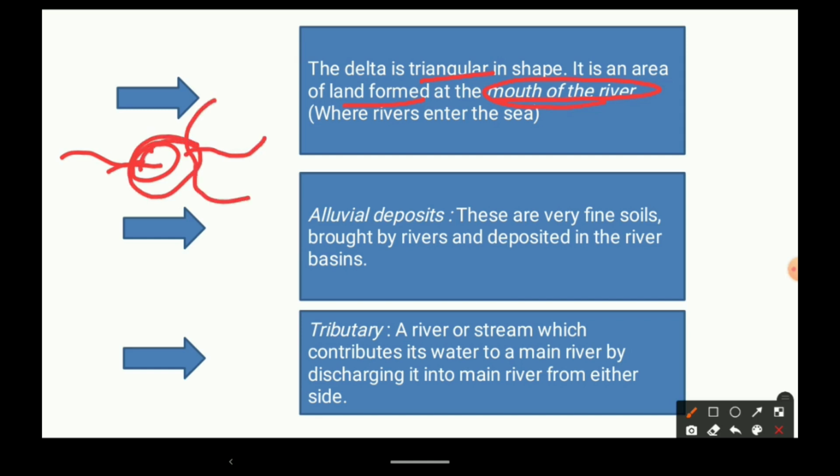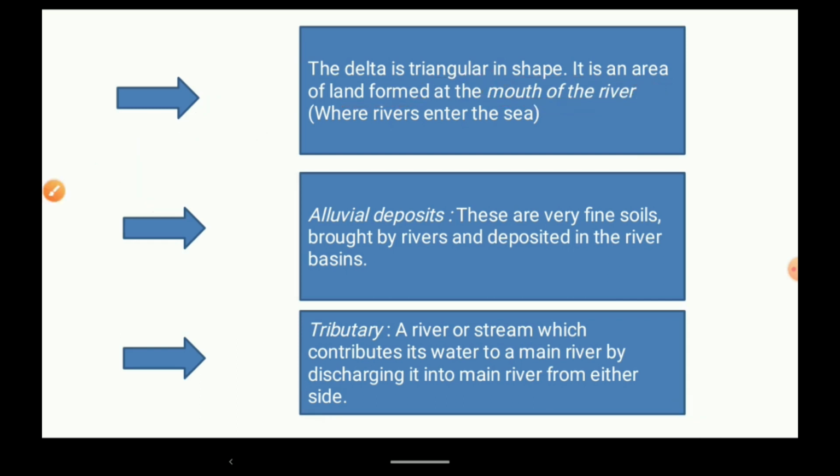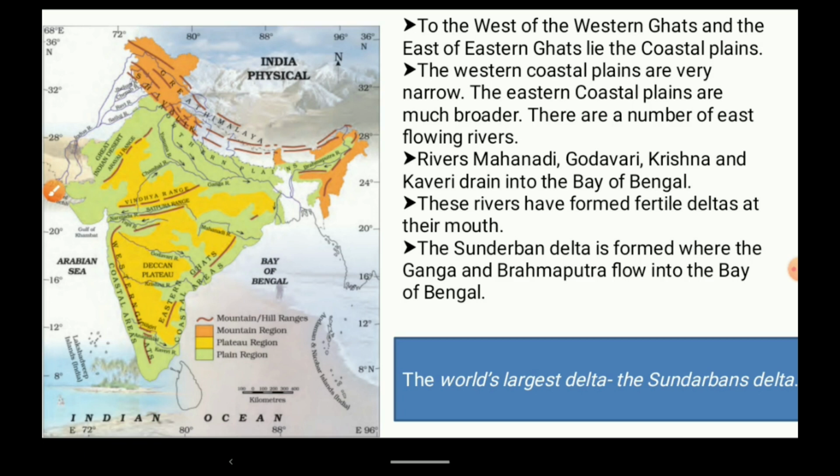Here these rivers form deltas, which are triangular in shape. The most important delta is the Sundarban Delta, formed by the Ganga and Brahmaputra flowing into the Bay of Bengal. The Sundarban Delta is also the world's largest delta.